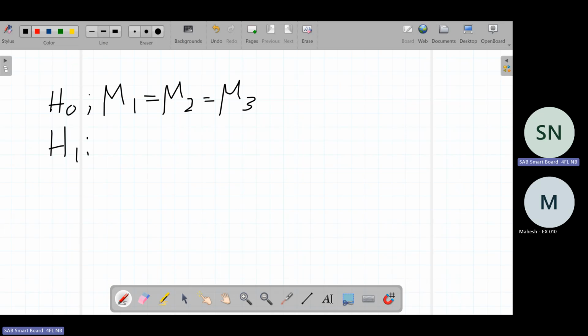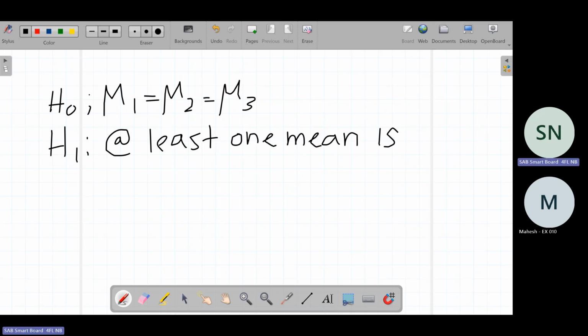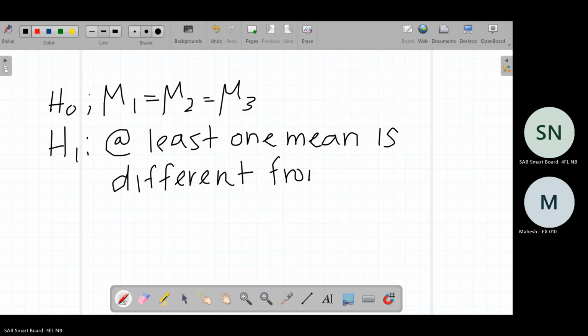It means H1 is at least one mean is different from the other. At least one means, if at least one mean value is different from the others, then we cannot say that all are equal.